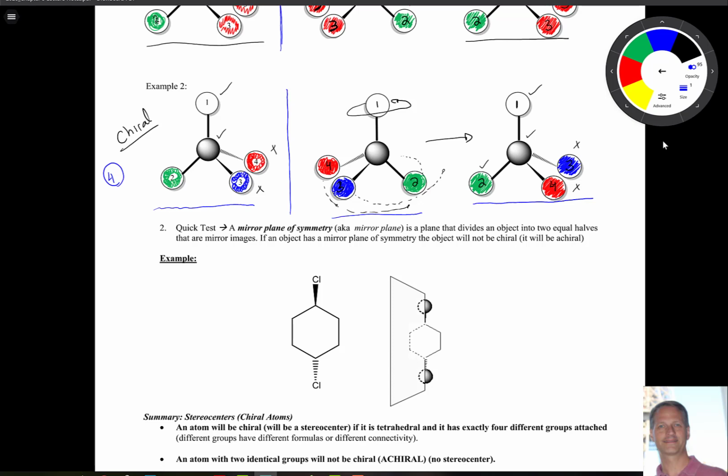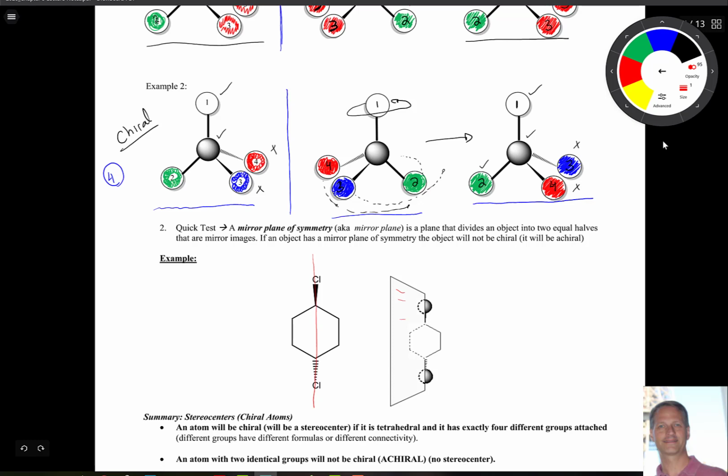So here's an example. If we look at this molecule, there's 6 carbons, all connected together with a chloro group that's facing out towards me, and then a chloro group that's away from me. Well, right down the middle of this molecule, if we bisect this, we get this mirror. Here's our mirror, right? That's your glass. And in the reflection in that mirror, you will see this dotted line.